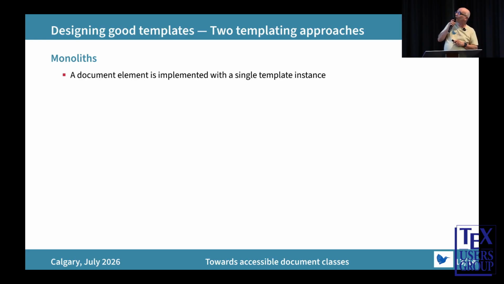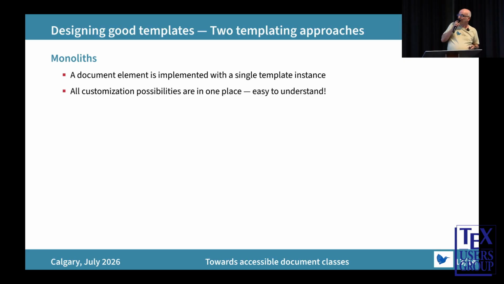Here are the 2 templating approaches that we found being sort of the way one can go. One is monolithic. You have a single template that implements everything, and you have 50, 60, 70, whatever many parameters to do all adjustments. It has some advantages, easy to understand. You can look up what it can do, and you put the stuff in.